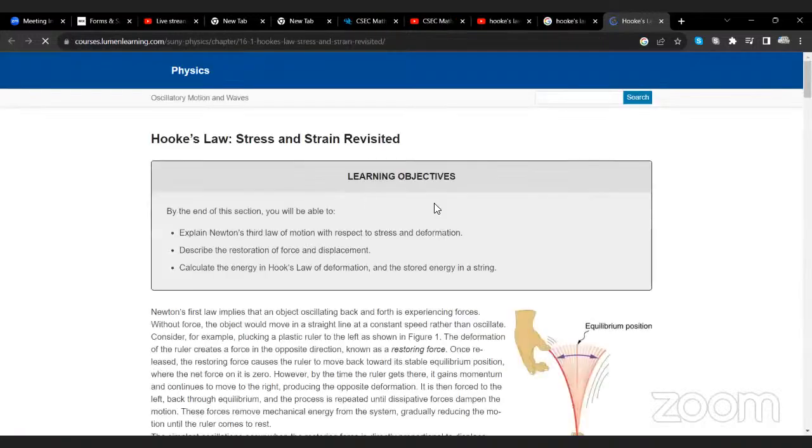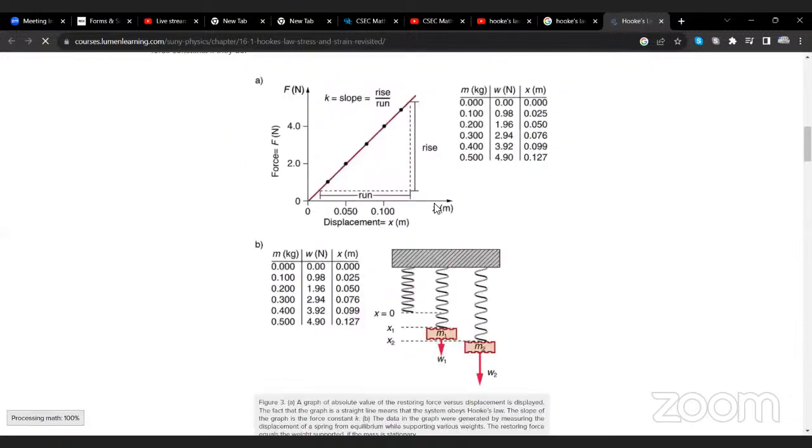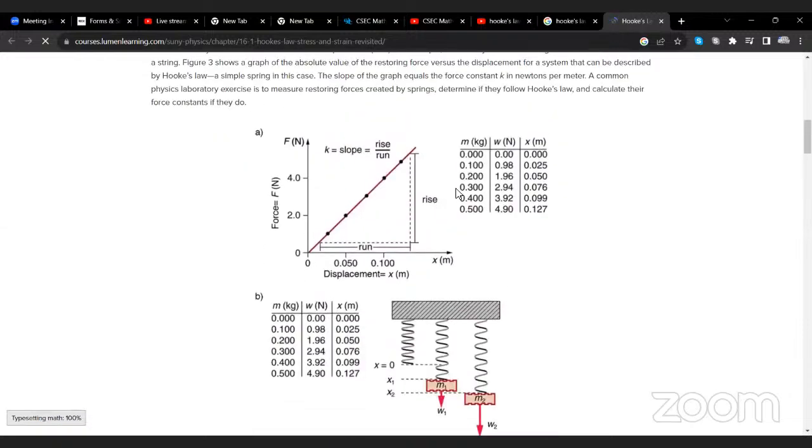Let me see if I can do more on the picture. Okay, here it is. Now, you notice that they drew a graph and mapped both the force against displacement.